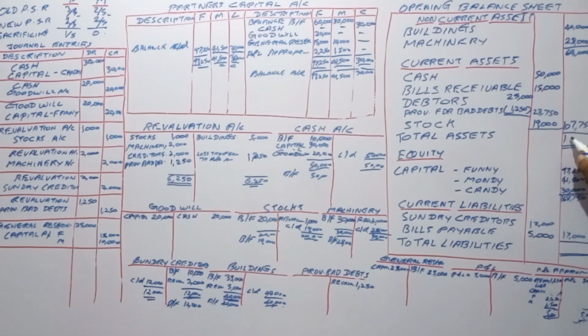The addition comes to 176,750 on one side and 186,750 on the other. What is the difference, right, students?